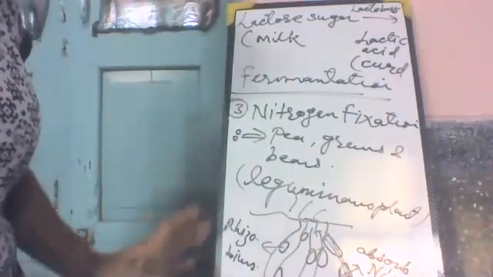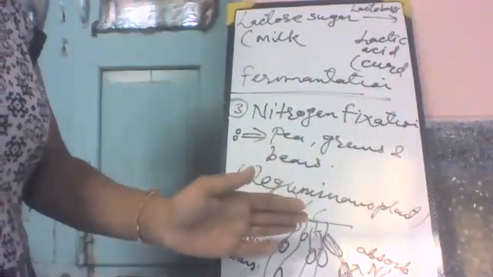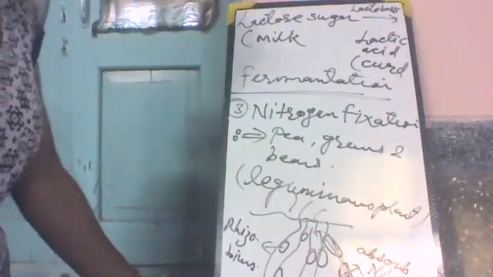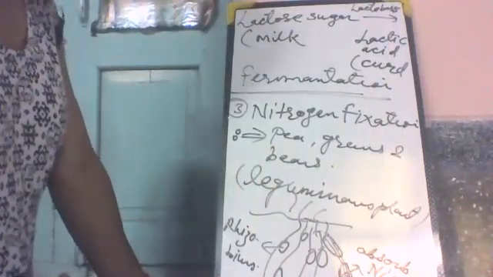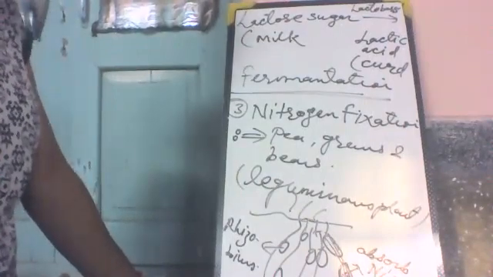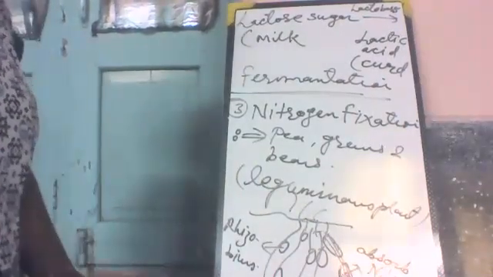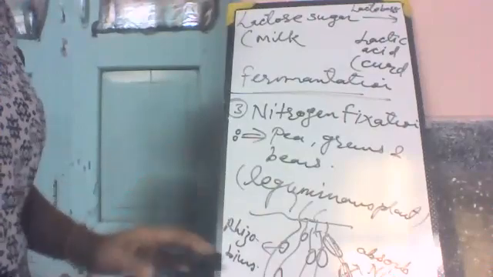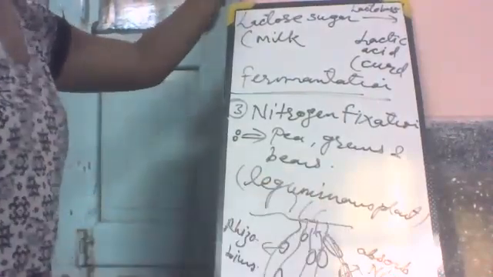These bacteria help the plant to absorb nitrogen and change it into nitrates, and plants provide shelter to these bacteria. A relation between two organisms in which both are beneficial to each other is known as symbiosis.